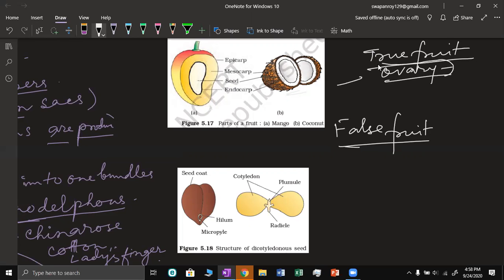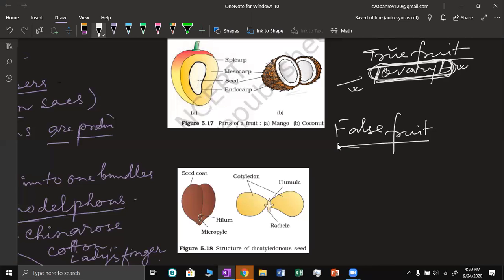The ovary matures into the fruit, and when in the structure of the fruit only the ovary is there, then it is a true fruit. Most of the fruit vegetables we use are true fruits. Mango is a true fruit, coconut is a true fruit, the pea is a true fruit.